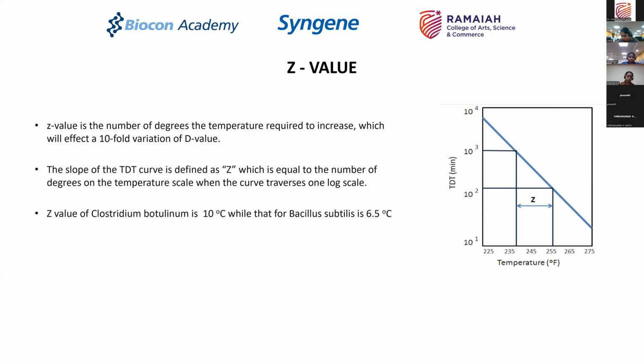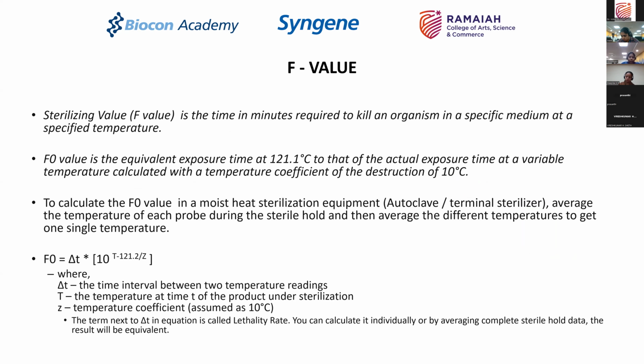Okay. Now the F value. I'm going to start with what is called the F value and then tell you what the F0 value is. The F value is the sterilizing value, the time in minutes, required to kill an organism in a specific medium at a specified temperature. So the F value is a general definition here.